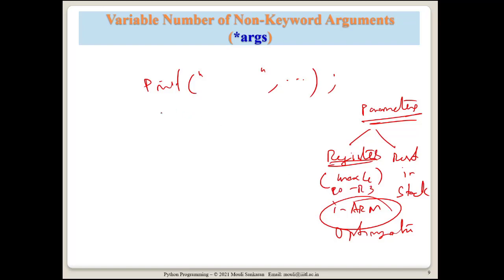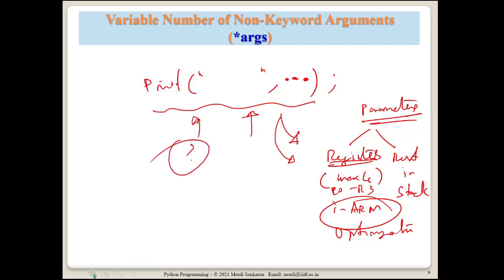Now what happens when you are saying that I have a function which accepts variable number of parameters? Can you implement this way of first 4 in registers and the rest in stack when you have a variable number of parameters? It is not possible. Let me tell you why. It's not possible because I may have a printf which is just a hello world without any parameter.